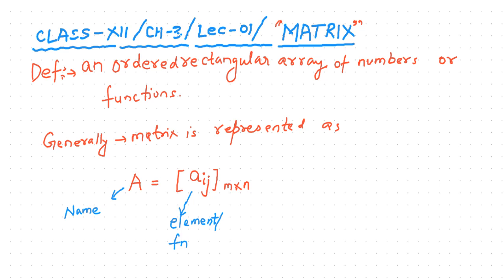Generally we call it an element or an entity of the matrix. Here i and j: i represents the row number, and j represents the column. I will tell you what a row and a column are.